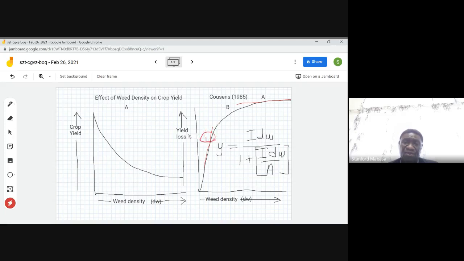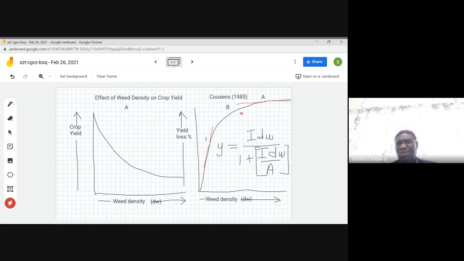He took the slope and the density and multiplied these two, divided by, again, this term, slope and density, which is now here. And this was divided by the maximum yield loss. So this factor is added to 1.